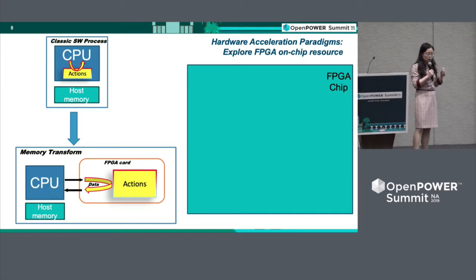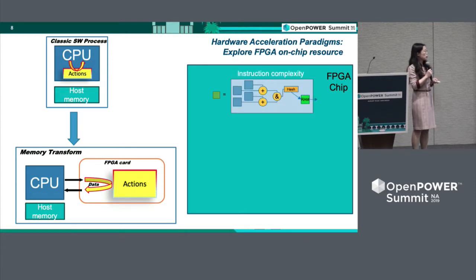That includes the combinational logic and also the memories and all kinds of things. You should pay attention to the instruction complexity. That means in one cycle, you can do a particular job with some complicated steps. So not like a CPU instruction. Actually, FPGA uses gates and circuits to fulfill a function.